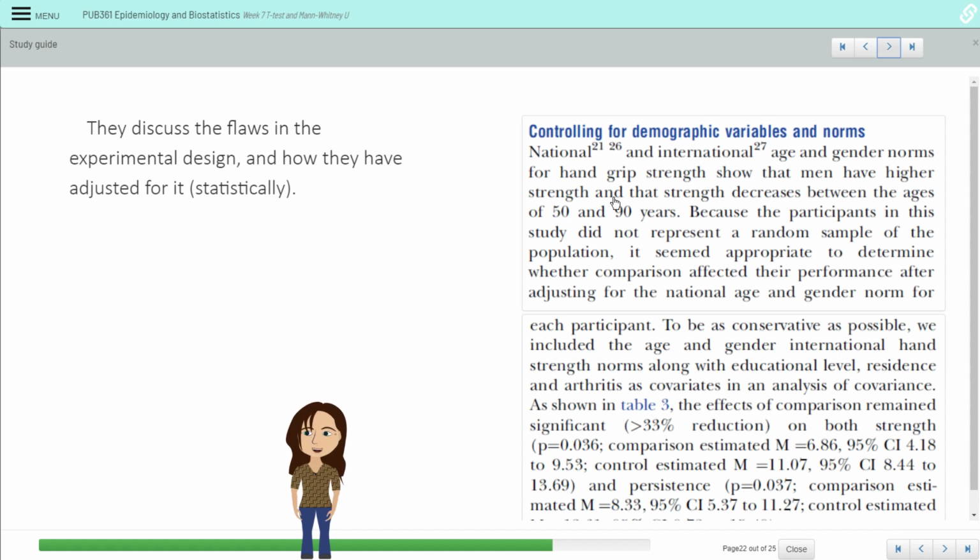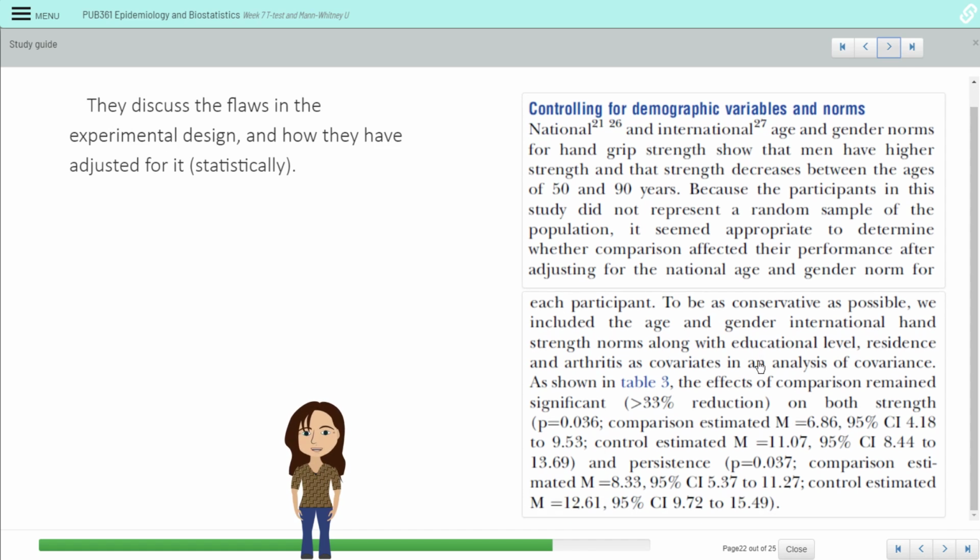So they discuss the flaws in the experimental design and how they adjusted for it statistically. If you read the whole paper, you'll see they've done some statistical adjusting, and they've done some comparison with what the norms or the normal values are based on other studies. And then they've done all of this to say, look, we know there's problems with our study, we've made these adjustments, and then after we make these adjustments, we still come to this conclusion.